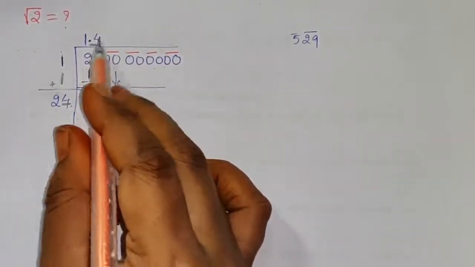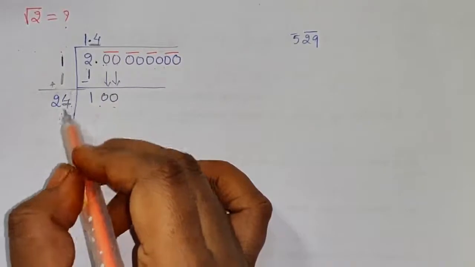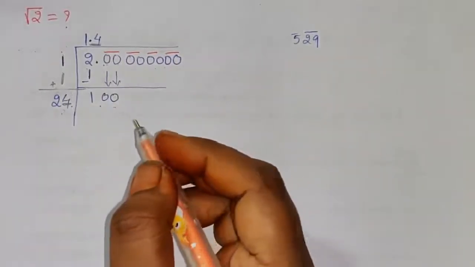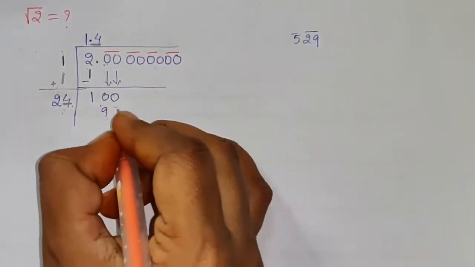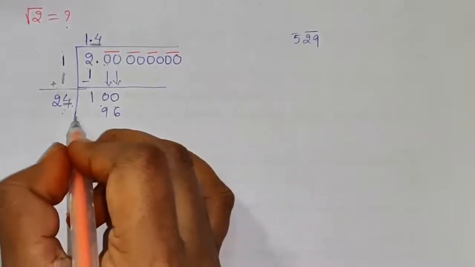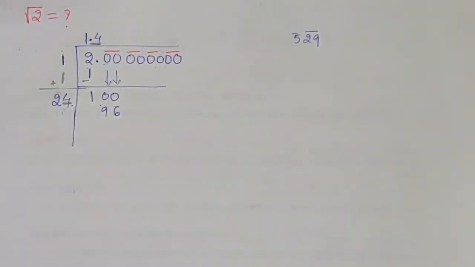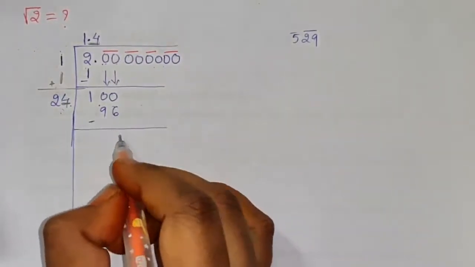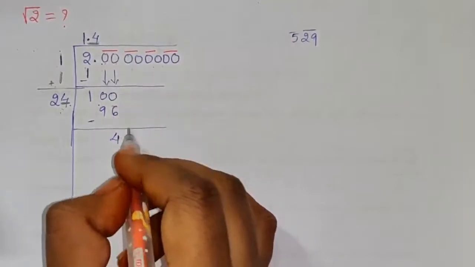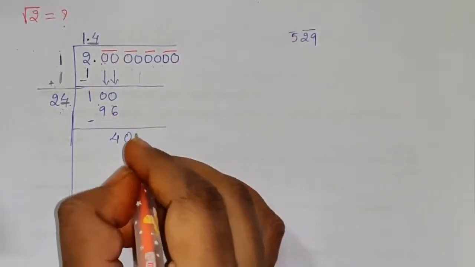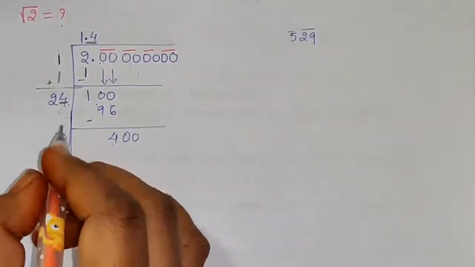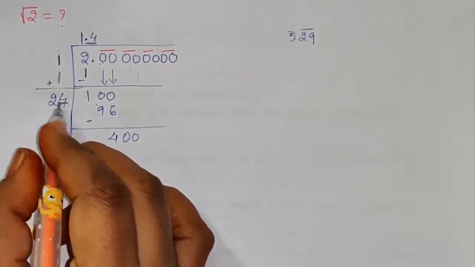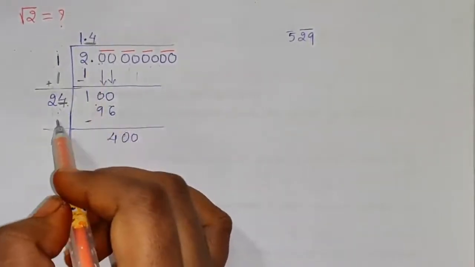So 24 fours, when you take this number 24 fours, how much? It is 96, which is less than 100. Now take the next step. The same thing follows here. So 100 minus 96 is 4, and another 2 zeros I am taking down, that is 400, and here 24, but the quotient should be added here, right?